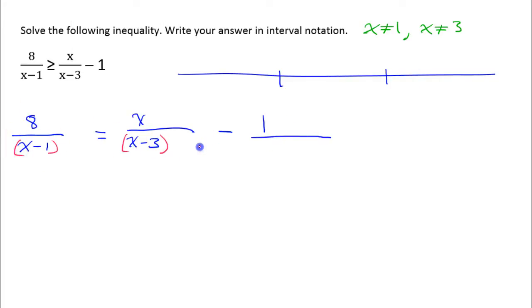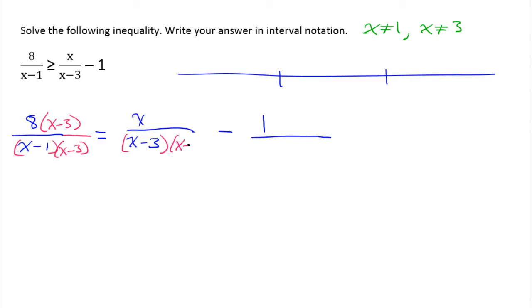The way I like to solve equations like this is to make all the denominators the same. I have an x minus 1, but this denominator has an x minus 3. So if they're going to be the same, they're both going to need an x minus 3. I can put an x minus 3 in the denominator as long as I also multiply the numerator by x minus 3. Now, the next denominator has an x minus 3, but it lacks an x minus 1.